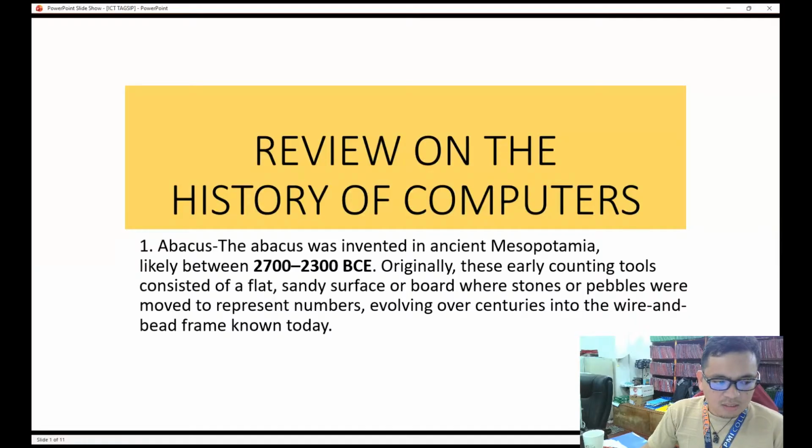So first, let's discuss the abacus. The abacus was invented in ancient Mesopotamia, likely between 2700 to 2300 BCE.